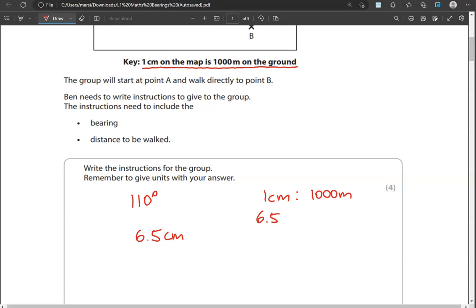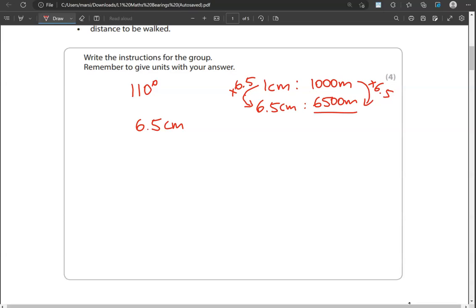So 6.5 centimeters will be 6,500 meters, because to get from 1 to 6.5 we multiply by 6.5, so we do the same here. 6.5 times 1,000, which gives us 6,500 meters. Or 6.5 kilometers.